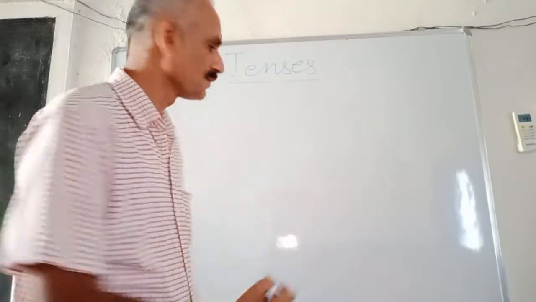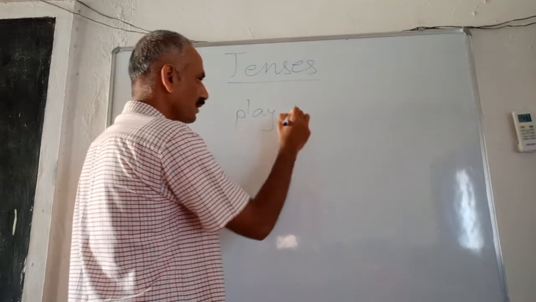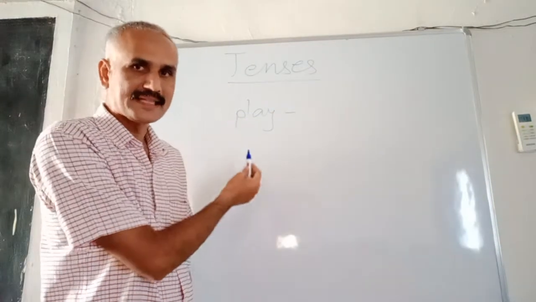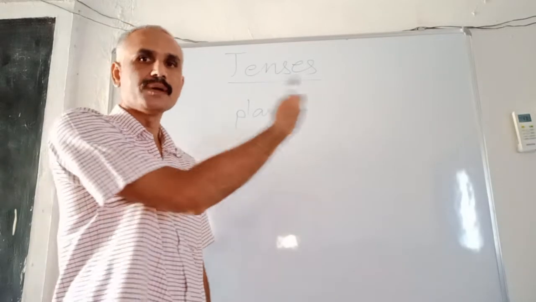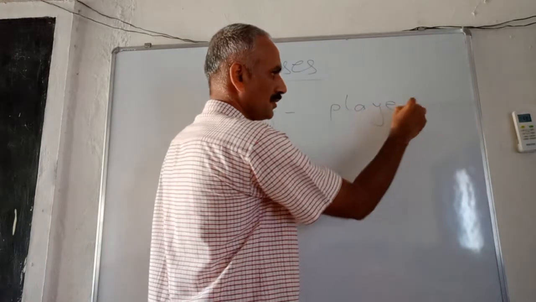For example, we will take a very simple verb, play. Now this was the present form of verb, and what is the past form of verb? It is played.